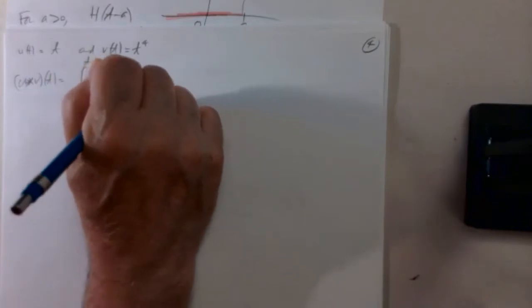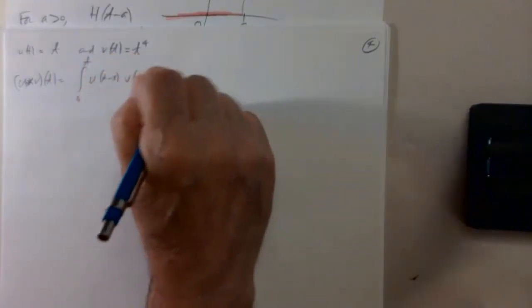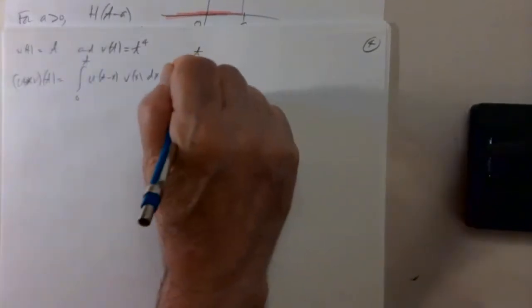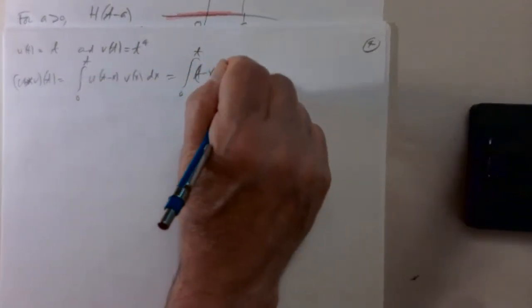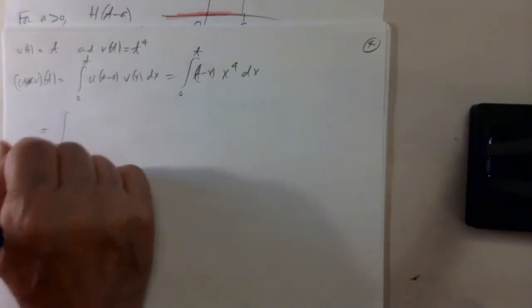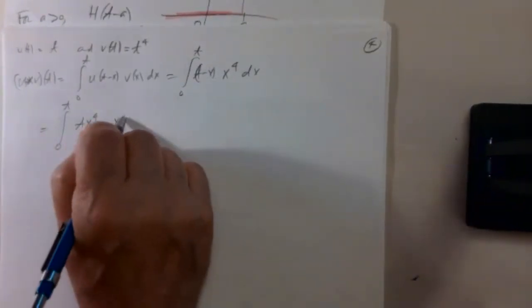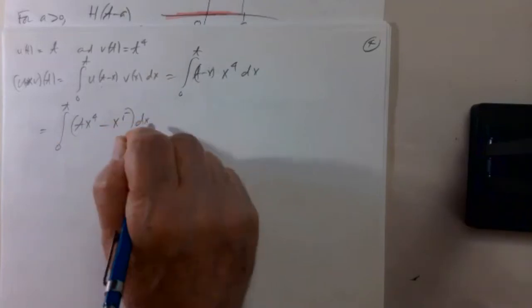So u star v of t is the integral from 0 to t, u of t minus x, v of x dx. That's the integral from 0 to t, where u of t minus x is t minus x, and v of x is x to the fourth, dx. That's the integral from 0 to t of t x to the fourth minus x to the fifth dx.